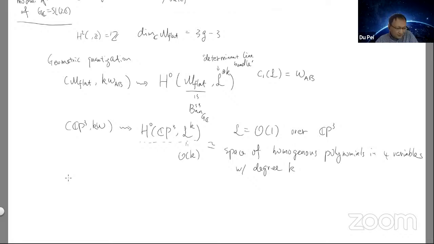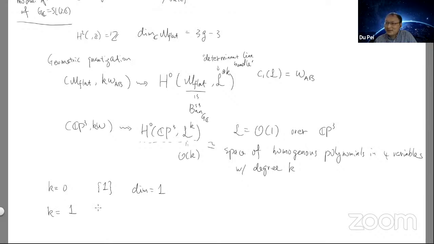What are homogeneous polynomials of degree 0? That's just the constant function, so in this case the dimension equals 1.